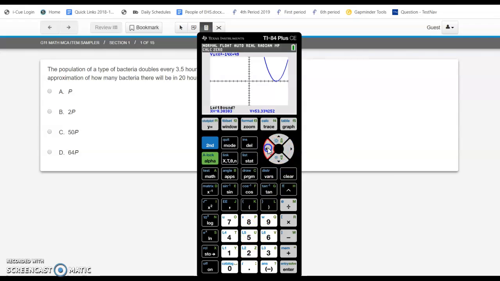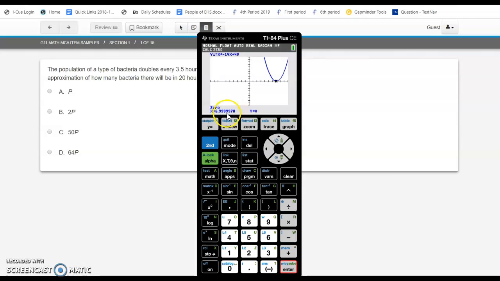And then it wants the left bound. I'm way off the graph. I can't even see it, so I'm going to arrow over. There you go. So now I'm to the left of the 0. I can click enter. And then I want to move so that I'm to the right of the 0. Okay, now I'm to the right of it. I hit enter. And now if I hit enter again, it'll tell me this one has a 0 of 6.999997.